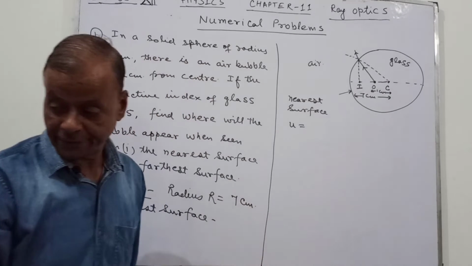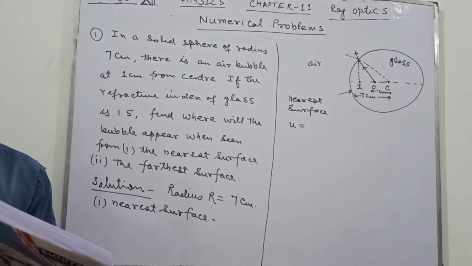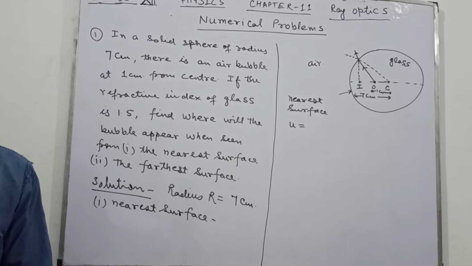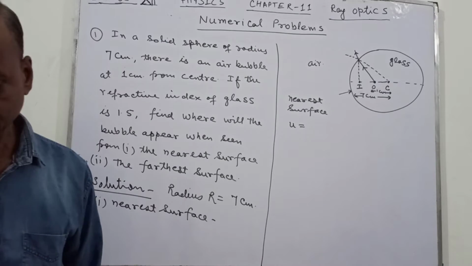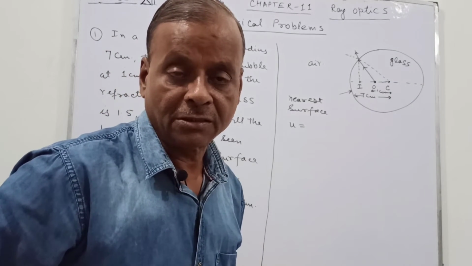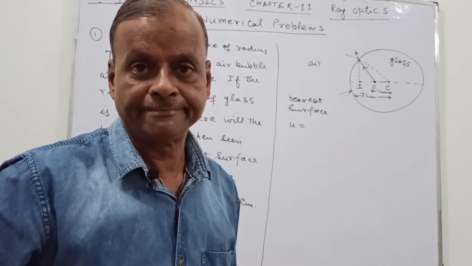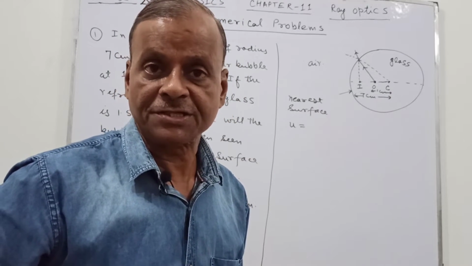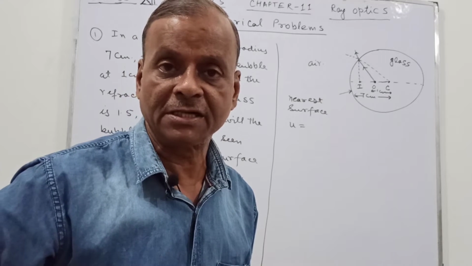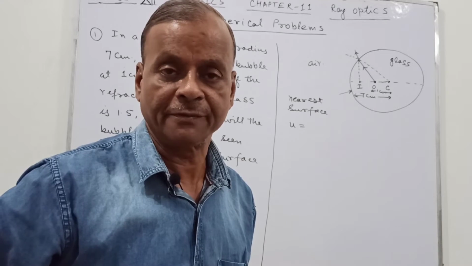And always remember, here we have two things. First, all the distances will be measured from the pole of the surface, and the distances taken in the direction of the incident ray will be positive, and opposite to this they will be negative.